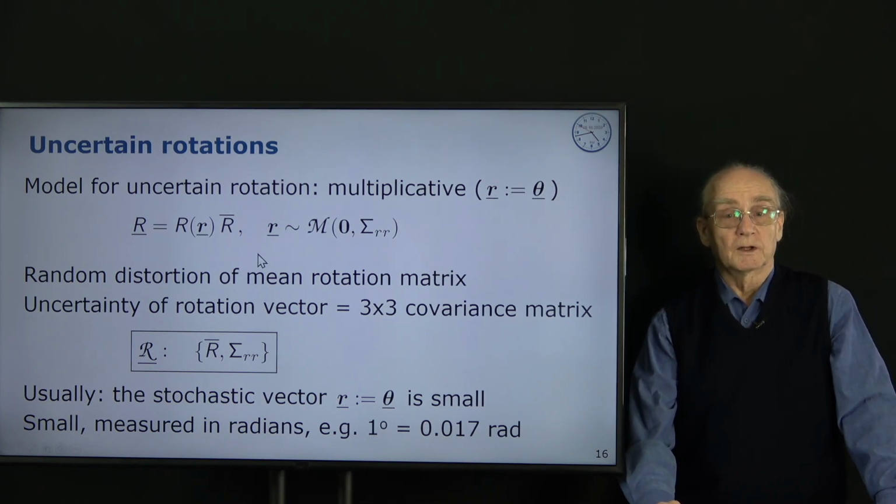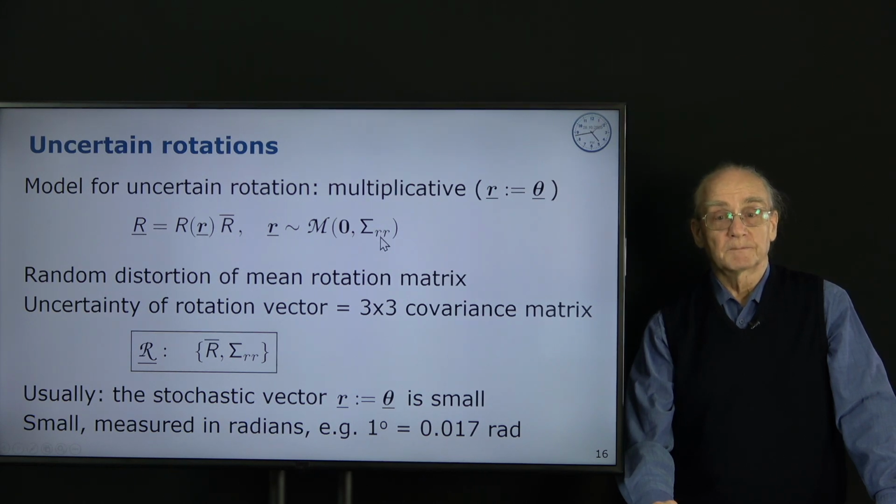And you see, now we have the advantage that the mean rotation is described in some way, for instance, by the 3 by 3 matrix. We don't care about how you represent it. The best is with the rotation matrix. And we describe the uncertainty by the covariance matrix of this 3-vector, which is a 3 by 3 matrix, which is fine because we know the rotation has only 3 degrees of freedom.